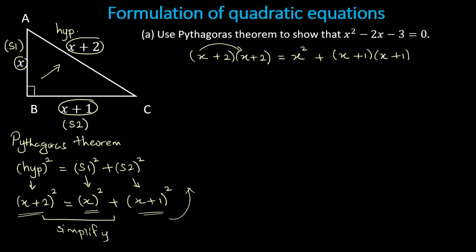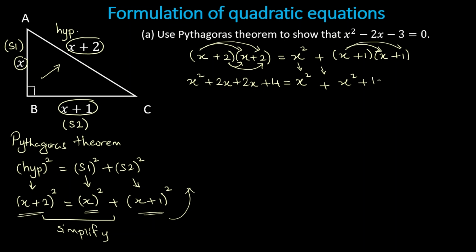x times x is x squared, x times plus 2 is plus 2x, plus 2 times x is plus 2x again, and plus 2 times plus 2 is plus 4, and this equals, here we have x squared, we write it, we have a plus, no problem, you write down your plus, again we expand x squared, x times plus 1 is plus 1x, plus 1 times x is plus 1x, and plus 1 times plus 1 is plus 1, right?